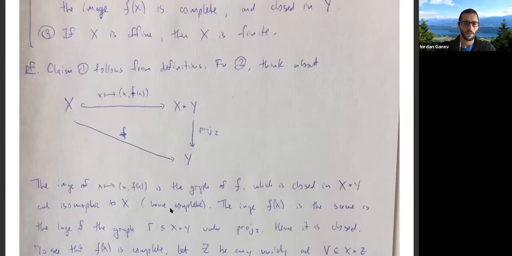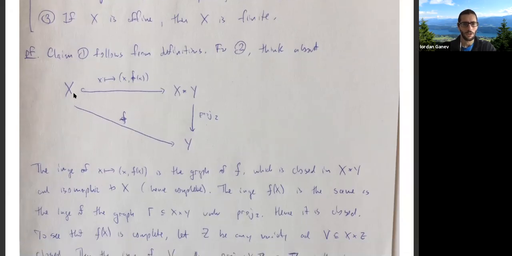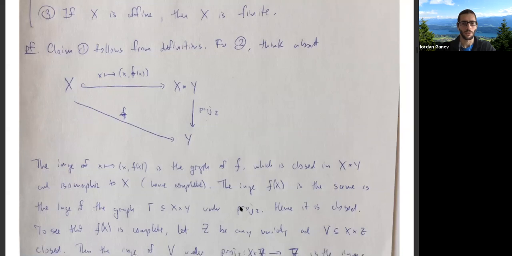The image F of X lies inside Y, and it's the same as the image of the graph under this projection map. It's closed because X is complete: anytime we take a closed subset in X cross Y and project onto Y, we get something closed. In particular, we take the graph, which is closed, and project. The image is F of X, and that's closed.